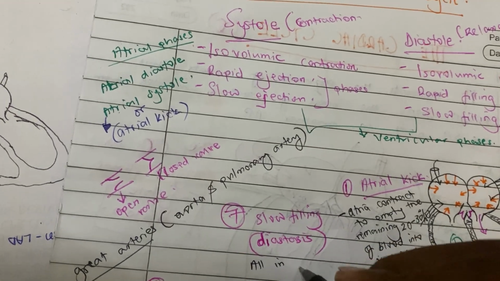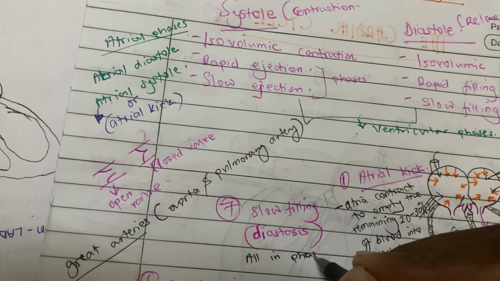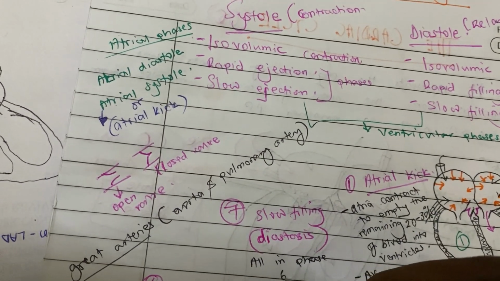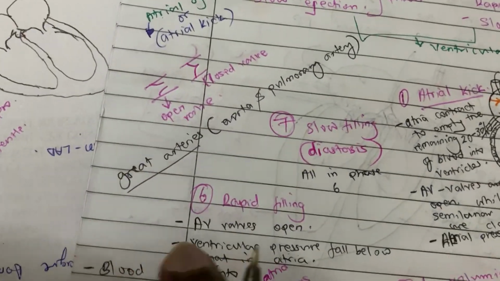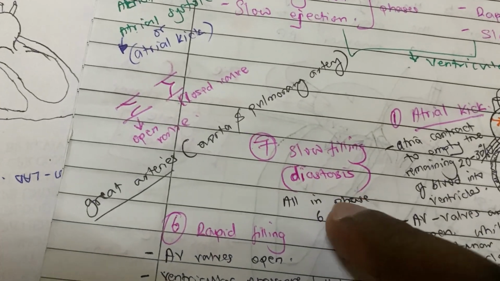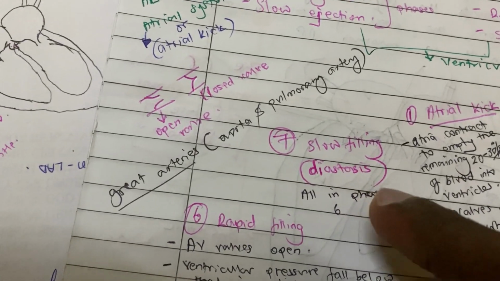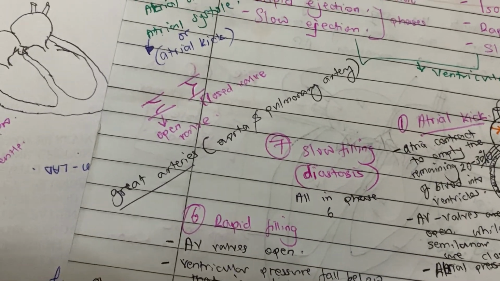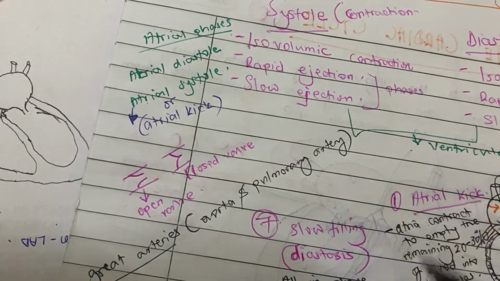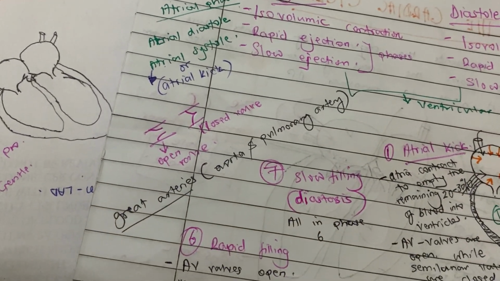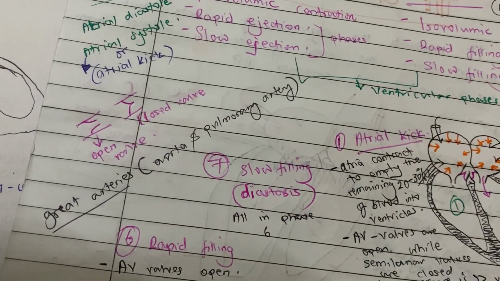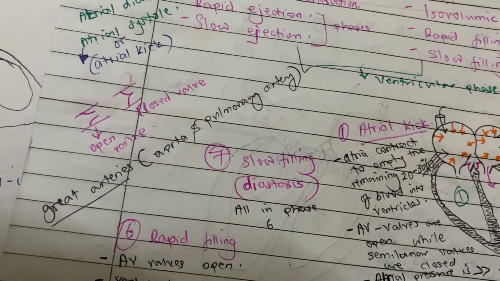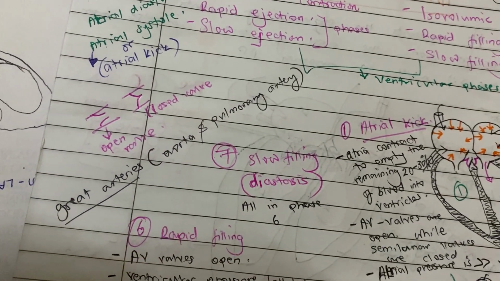All that applies in phase 6 still applies in phase 7. And then next we go back to atrial kick after slow feeding. So this is a cycle. The cycle rotates like that.